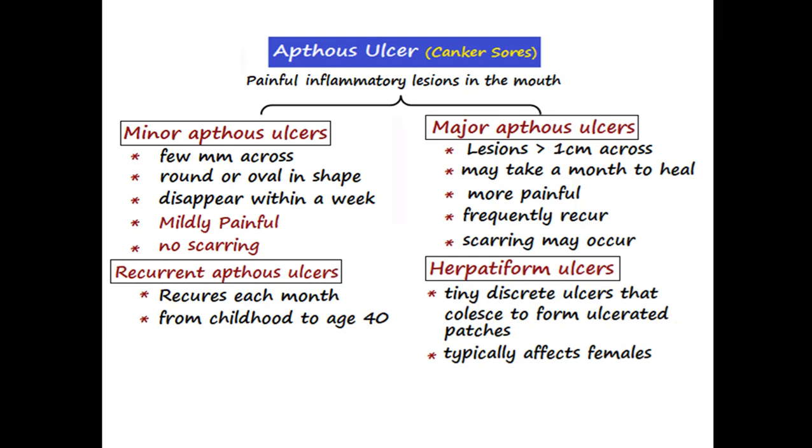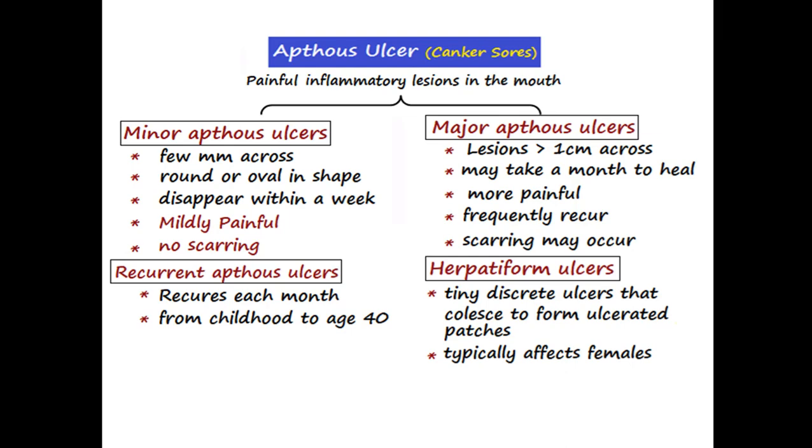Number one, the minor Aphthous ulcers. By minor Aphthous ulcers, we mean that they are only a few millimeters across. They appear round or oval in shape, and these minor Aphthous ulcers occur and disappear within a week. Right? They are mildly painful, and when they heal, they don't leave behind scarring.